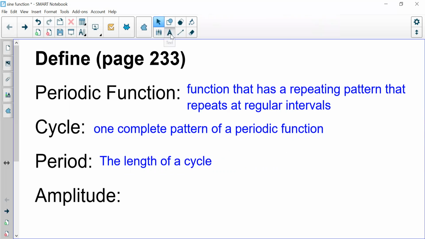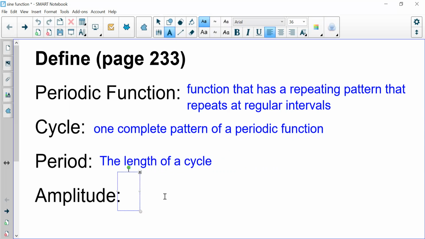And then you guys probably have heard of amplitude before. Amplitude is the distance between the maximum and the minimum values divided by 2. So what's the highest, what's the lowest it goes, and what's the average? So it's the distance between the maximum and the minimum values of a periodic function divided by 2.